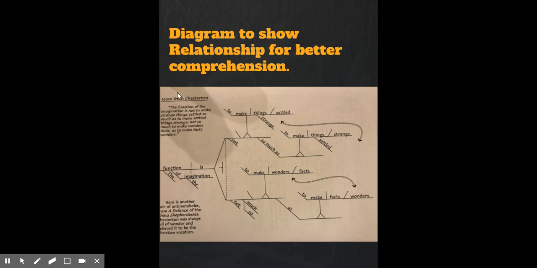So let's look at the sentence again. The function, we have a phrase, is, not is a modifier. Here's our infinitive phrase or verbal, to make strange things settled.